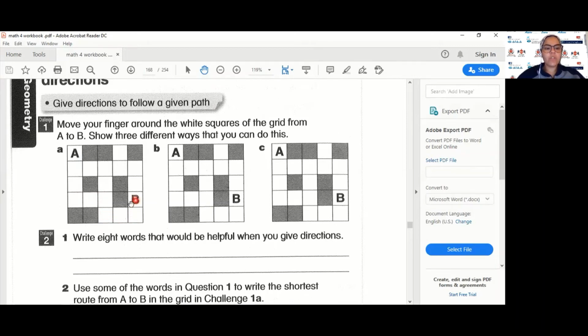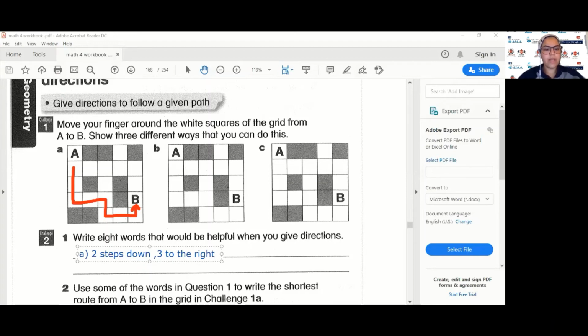Okay? He wants you to write the path here, this path. He wants you to write how did you move. I will give you an example and you're going to continue. For example, for A, I moved 3 steps down, right? 1, 2, 3, and then 3 to the right, sorry.